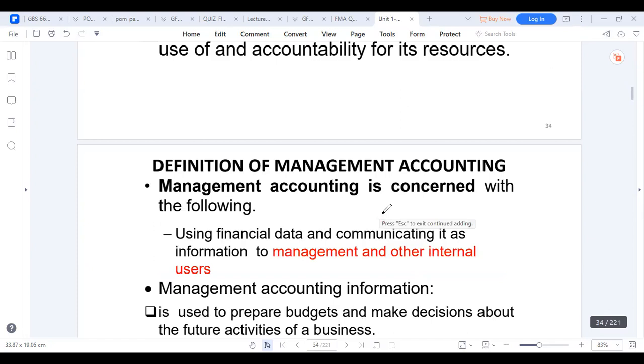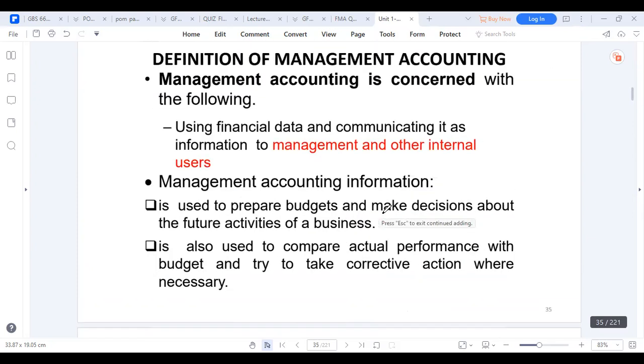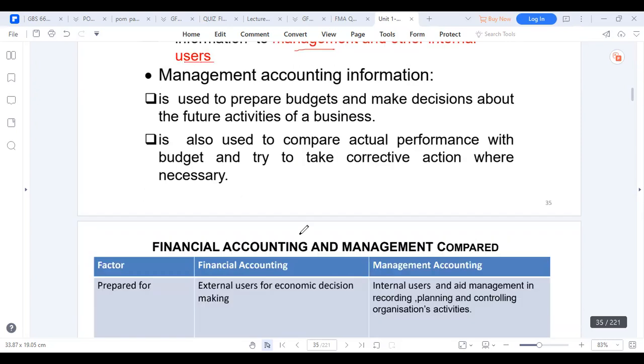That is what we call management accounting. So for management accounting, this information is mainly used by management and other internal users. Management accounting information is used to prepare budgets, to make decisions about future activities.